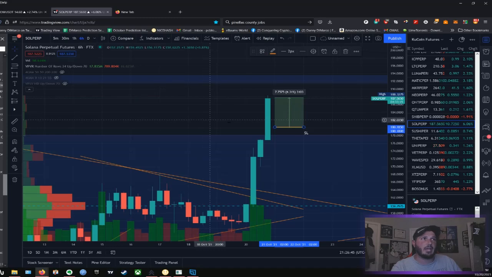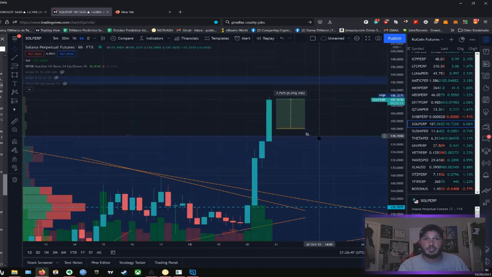What happens is after I made 20 bucks, I moved my stop loss up to the point where if it hit, I would still receive $20. That's like successful trading right there. I'm not losing any money. I'm not breaking even. I'm not trying to be greedy. I'm just moving my stop loss to a point where if I lose or if I lost it, then guess what? Still made money. Okay?